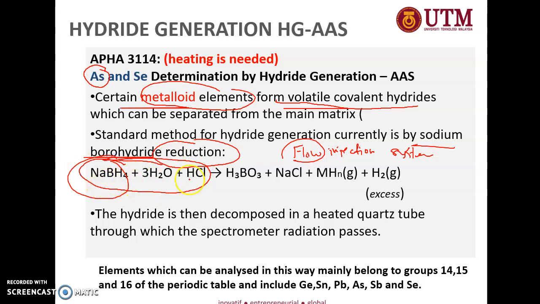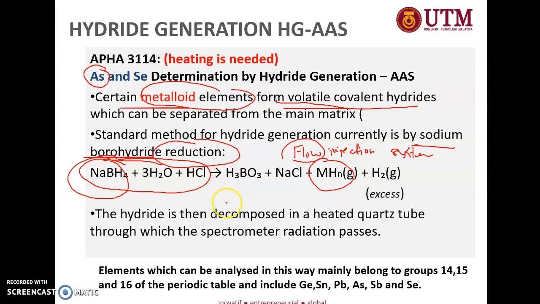Here is sodium borohydride and hydrochloric acid flowing inside the AAS. After you mix those reagents, you will have a metal hydride here, which means it is reduced and also reacted with your metal.